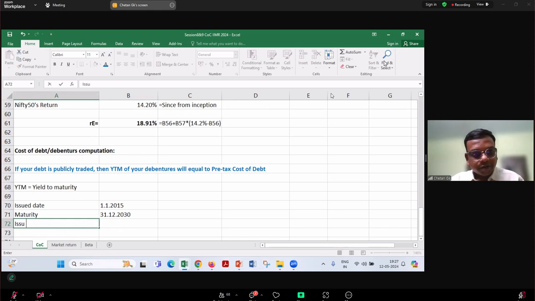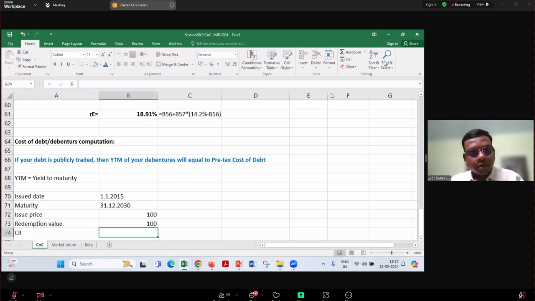Issue price was 100 rupees. Redemption value will be how much? Redemption value will be 100 only.